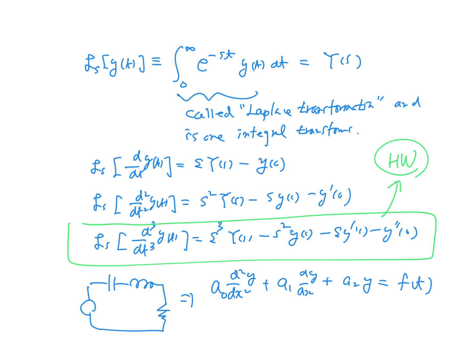So assuming that the following electric circuit is described by this equation, then with the condition y(0), y prime 0 given, what we can do is apply the Laplace transformation to the whole thing.